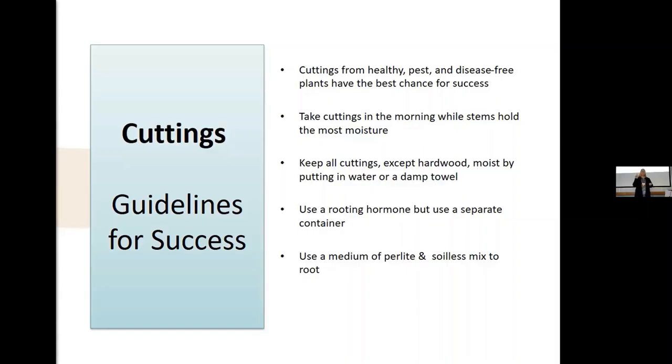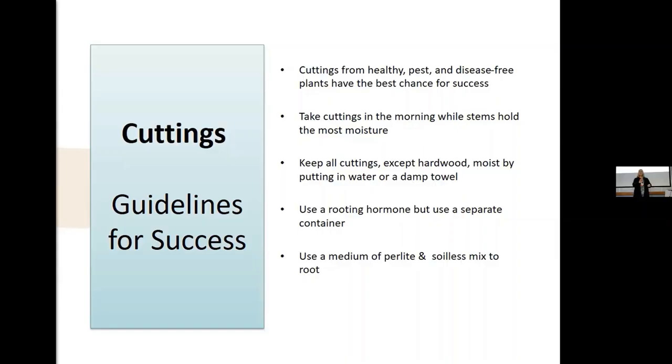The next one, it's recommended that you use a rooting hormone to help give the cuttings a better start. The one thing I would really recommend is that you take some of the rooting hormone, if it's a powder or a liquid, and pour it into a smaller container.